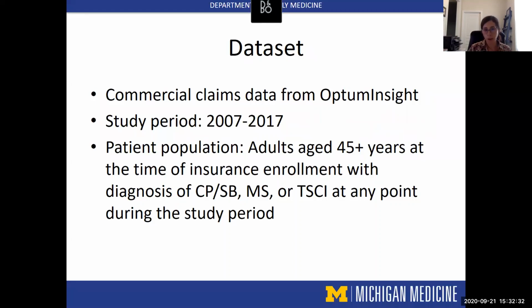So to go over our data set, as Neil mentioned, we used Optum Insight, a decade's worth of data from 2007 to 2017. To define our cohort, we used ICD-9 codes, based on what Neil presented prior to this part of the presentation. Our patient population were adults age 45 and older.